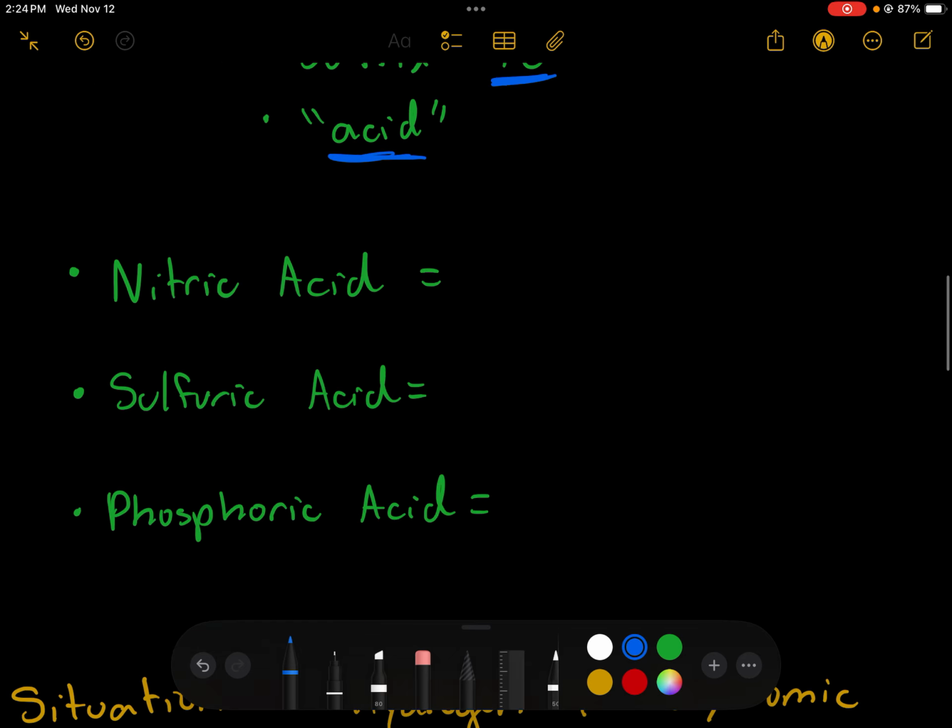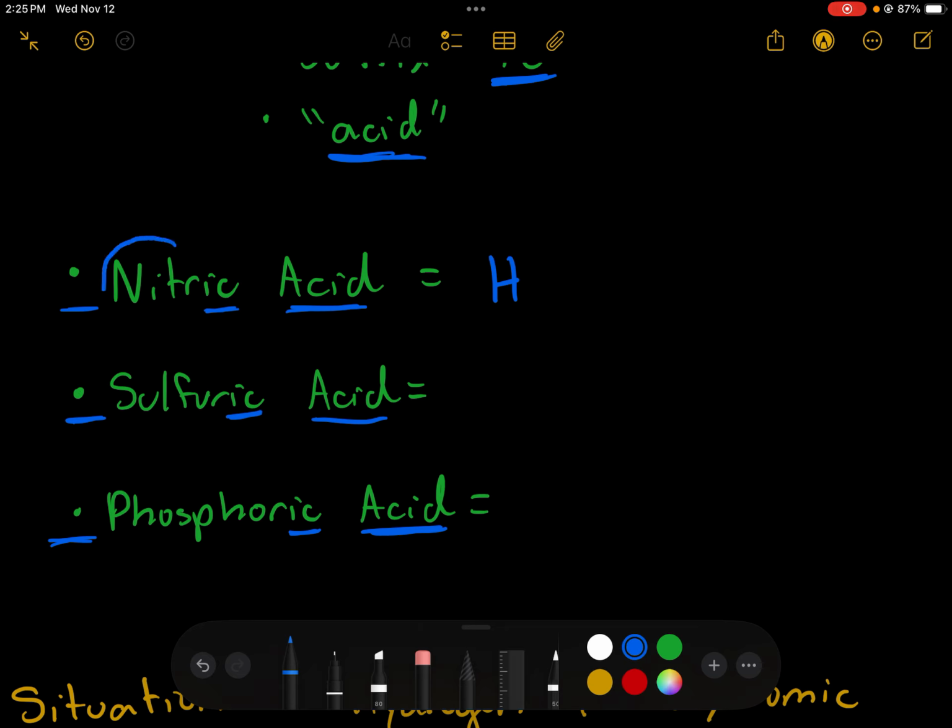So I see nitric acid, with the suffix ic but no prefix, and the word acid. I see that in sulfuric acid, and in phosphoric acid too. So what that tells me is that I am looking at an acid that is hydrogen paired with a polyatomic ion that ends in ate.